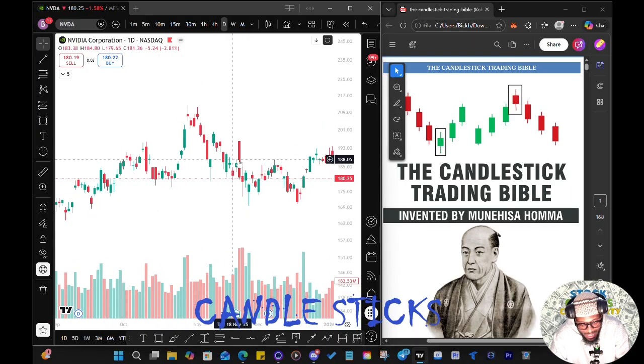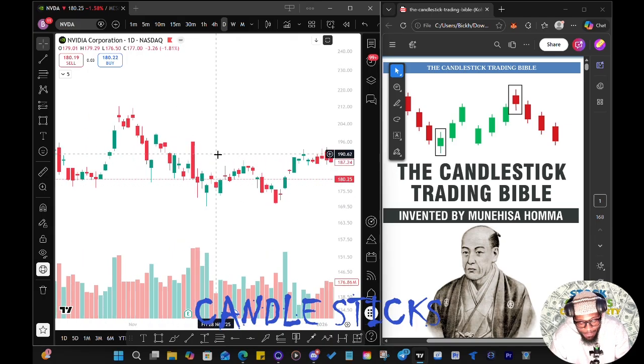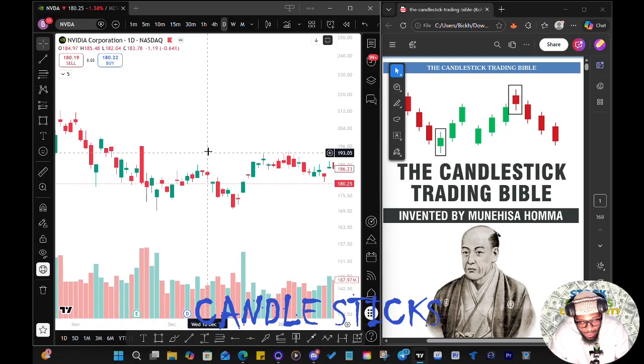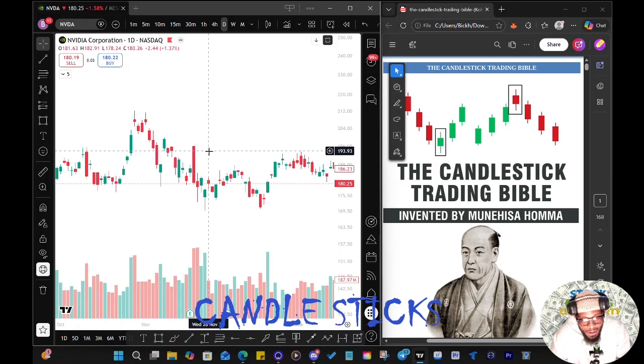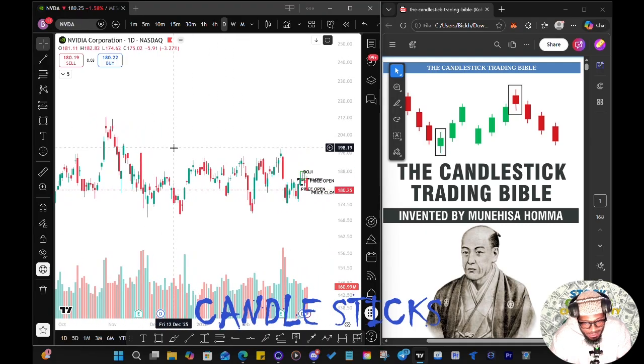When candles get together, like engulfing candles, this big red one engulfed this green one, so you needed to anticipate a downtrend. There are setups that happen with the candles as well that give you more confirmation of what you can anticipate the price to do next.